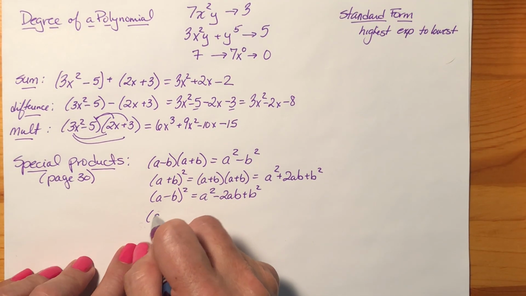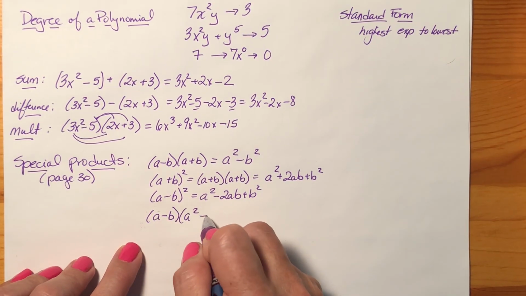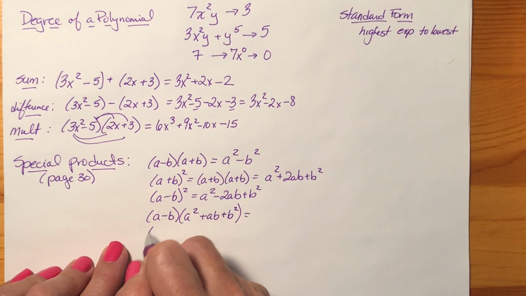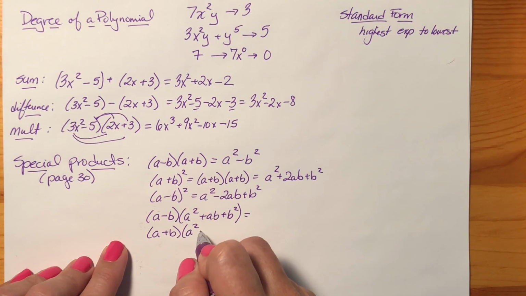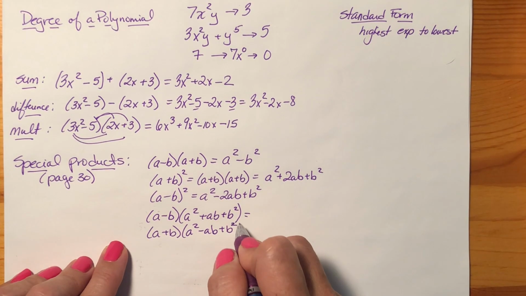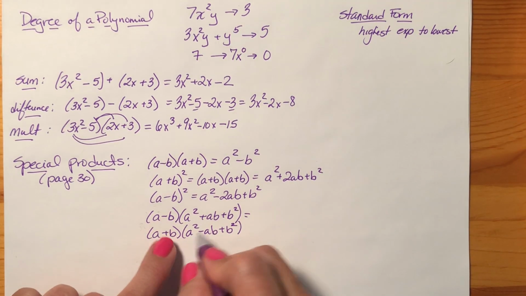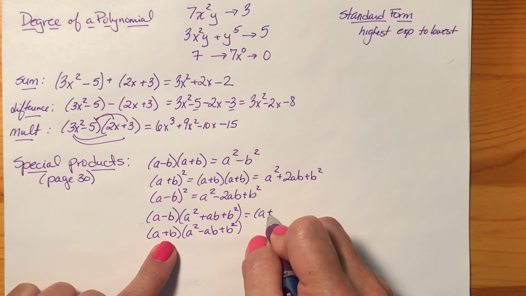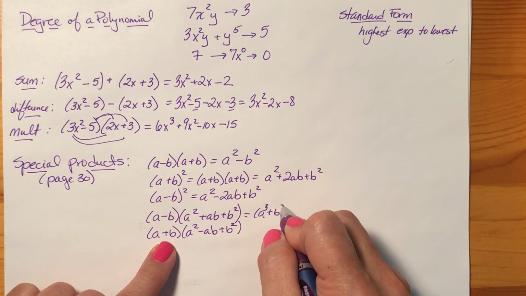Then we've got the ones we just learned. A minus b times the quantity a squared plus ab plus b squared. Does this look familiar? I hope it does, because we spent time on the very first day together talking about these cubes. All right, so let me make sure I copied it right. A squared plus, yep, my signs, notice I had same sign. So this is going to be a plus b, a cubed plus b cubed, right?